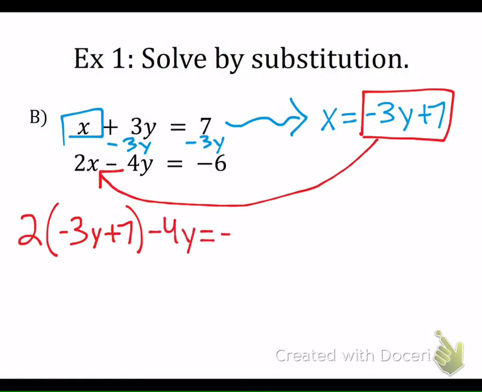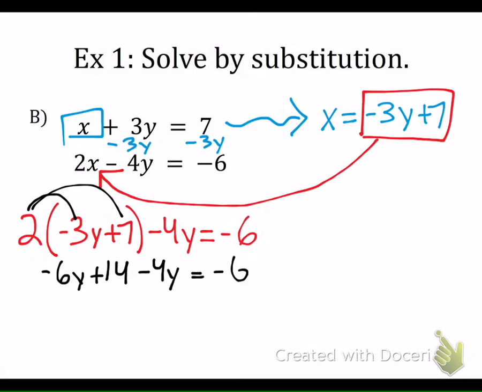Minus 4y equals negative 6. Now what? You start doing the problem. Thank you. It's very insightful. Distribute the 2, so negative 6y plus 14 minus 4y equals negative 6.